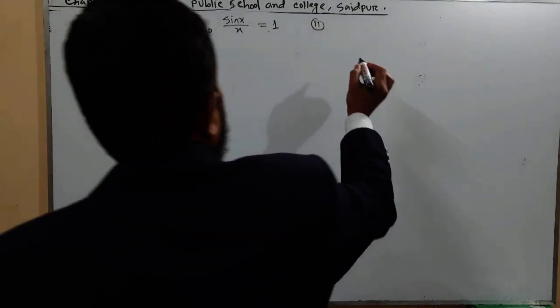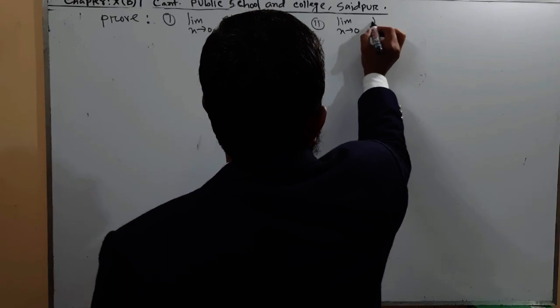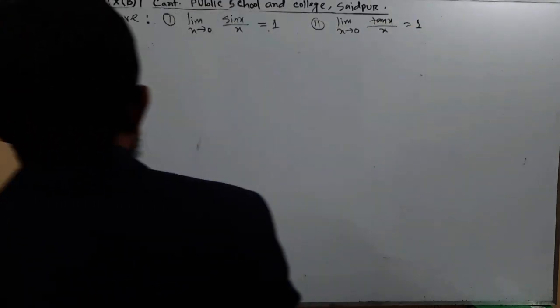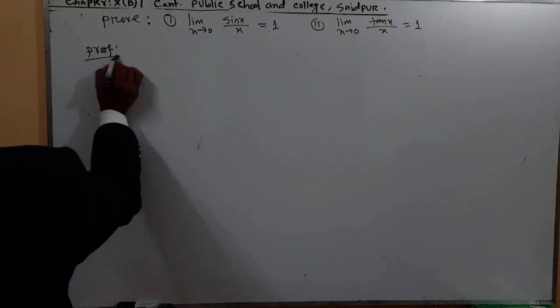Another: limit x tends to 0 of tan x by x is equal to 1. First I will prove 1.